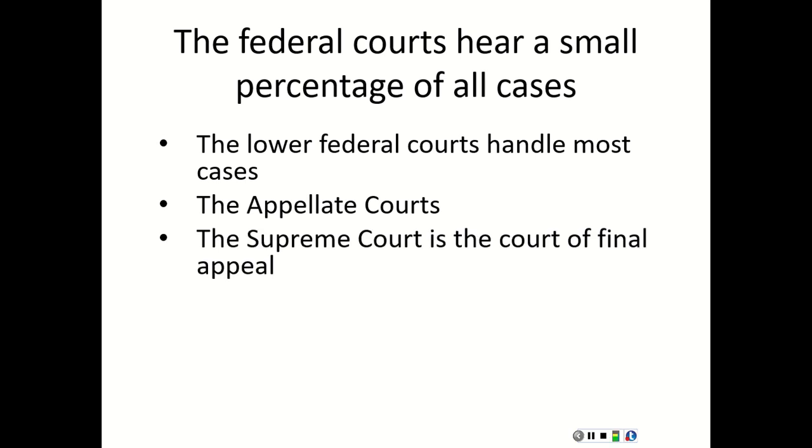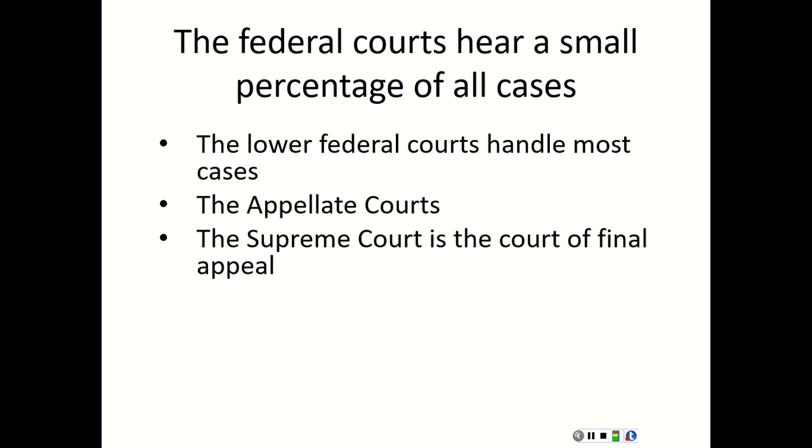Supreme Court is the court of final appeal. Okay, understand, at the trial level, in a civil case, if you lose, you can appeal to the appellate court. At the trial level in a criminal case, if the defendant loses, you can appeal.